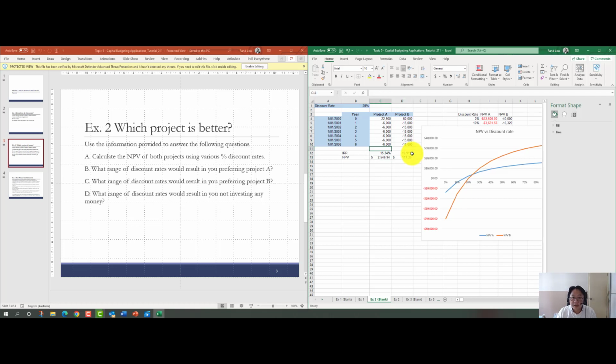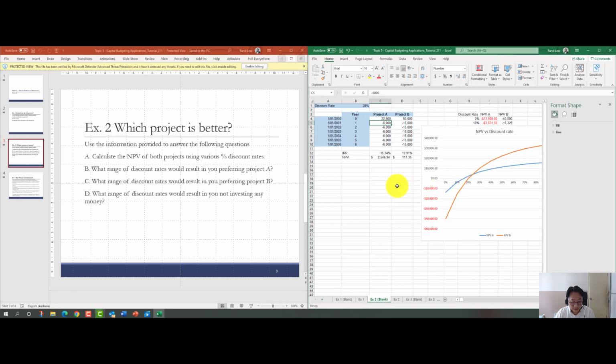Okay, so what we see over here at a discount rate of 20%, we would still prefer to go with project A, okay, because project A has a higher NPV, right?